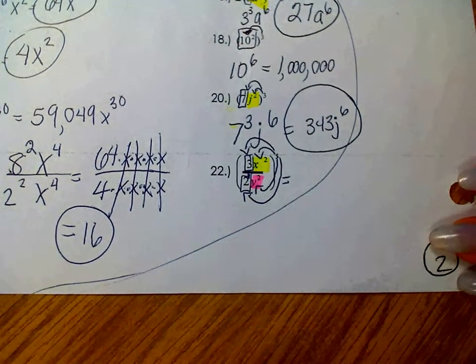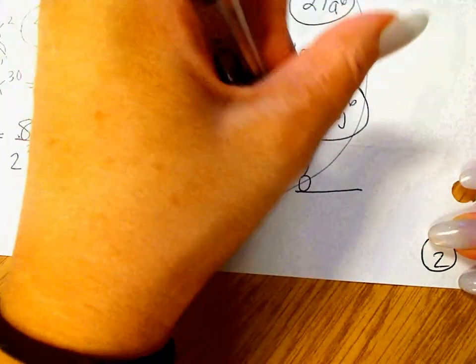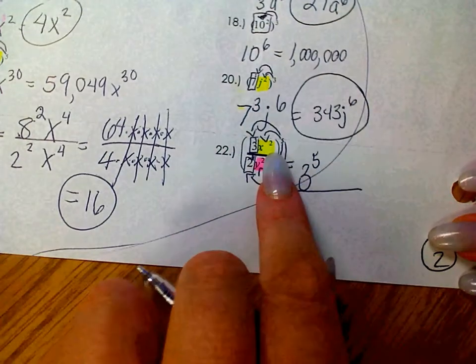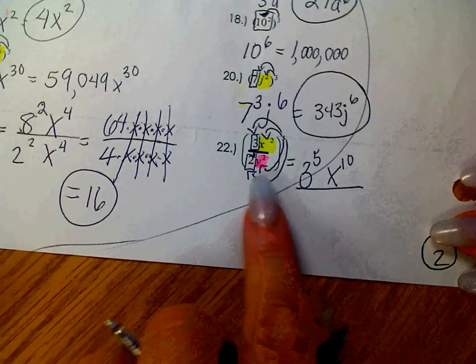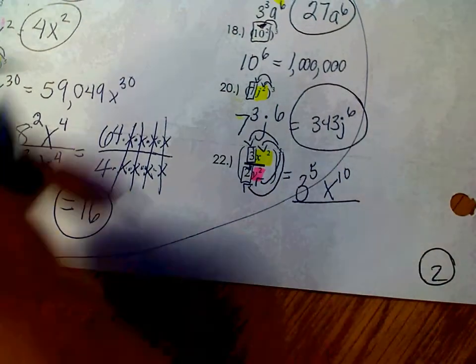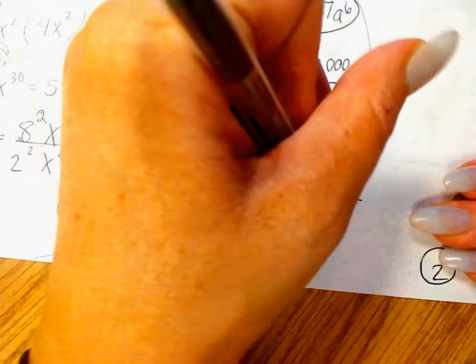Okay. So 3 to the 1st power to the 5th power is 3 to the 5th power. X to the 2nd power to the 5th power is x to the 10th power. 2 to the 1st power raised to the 5th power is 2 to the 5th power. And then y to the 2nd power raised to the 5th power is y to the 10th power.